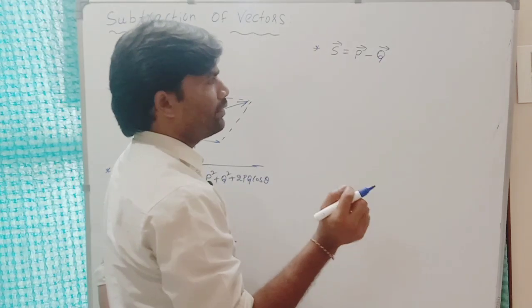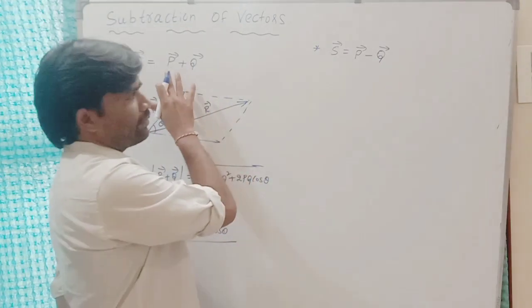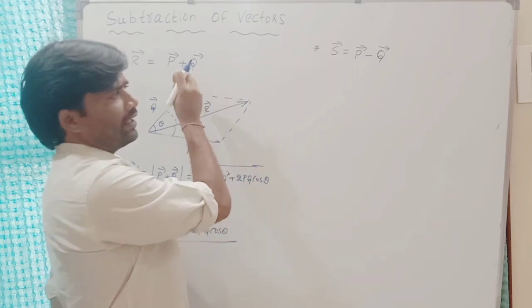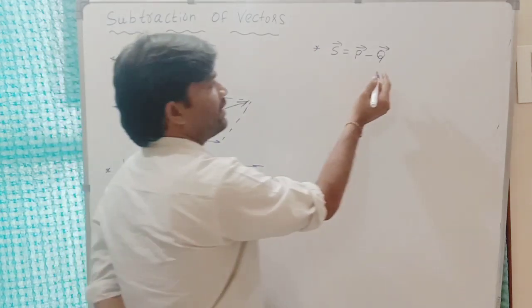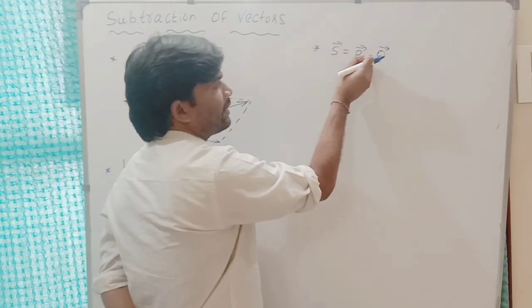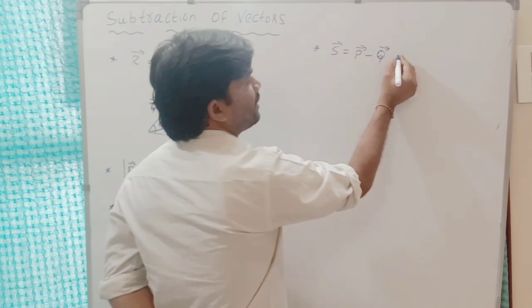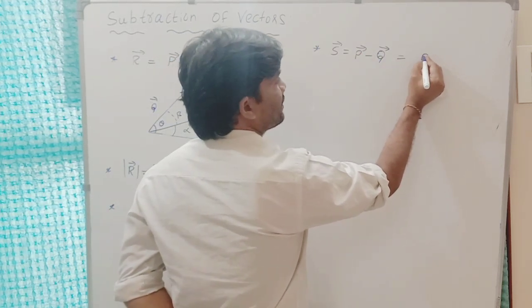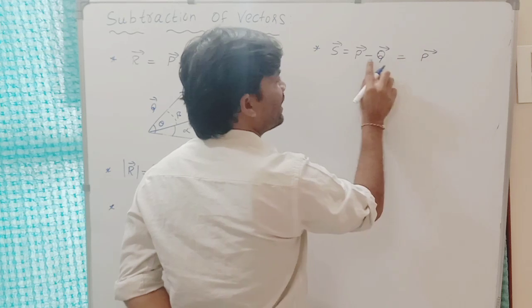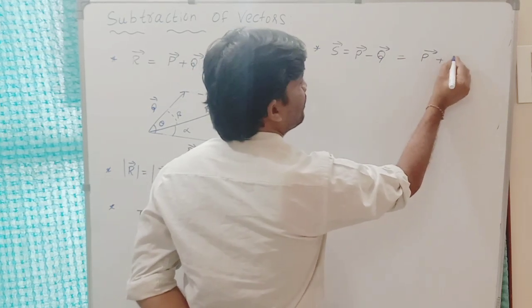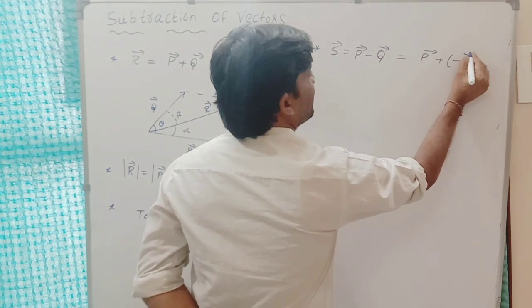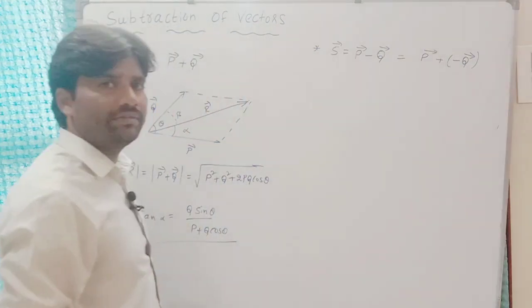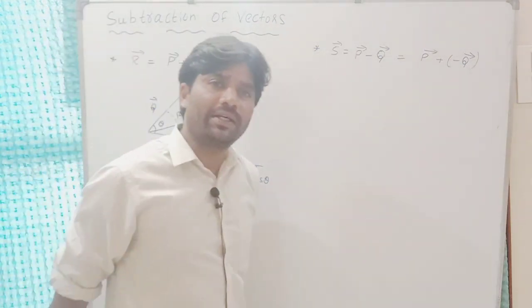So if you know this sum properly, if you are thorough with the addition of two vectors, then you can subtract this Q vector from P similar to the addition of two vectors. You can just add the negative vector of Q to P. Then it gives the subtraction.